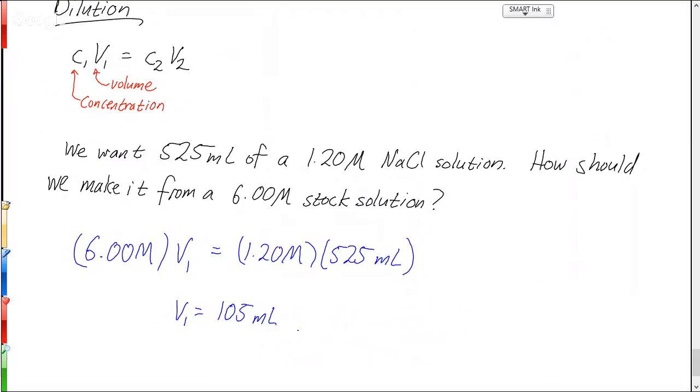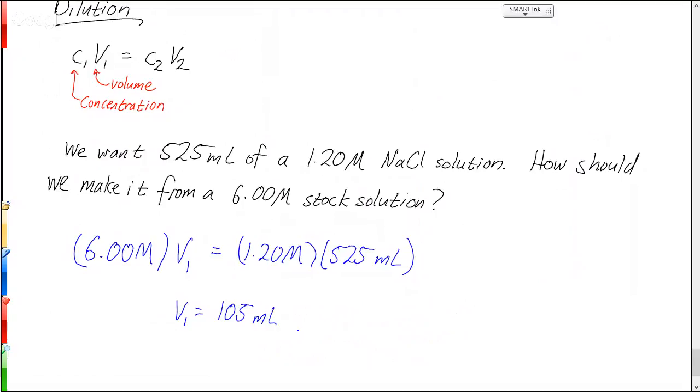So another way we could do it, let's say there's one in the book here that says, to what volume should you dilute 0.2 liters of a 15 molar solution? So if they're saying, what volume should you dilute it to? That's talking about V2, the second volume. What are you going to? What are you going to make? So just read the question and see what you have and what you need to make.